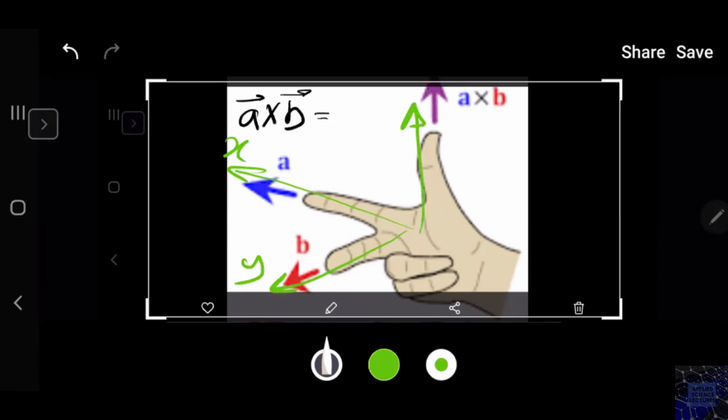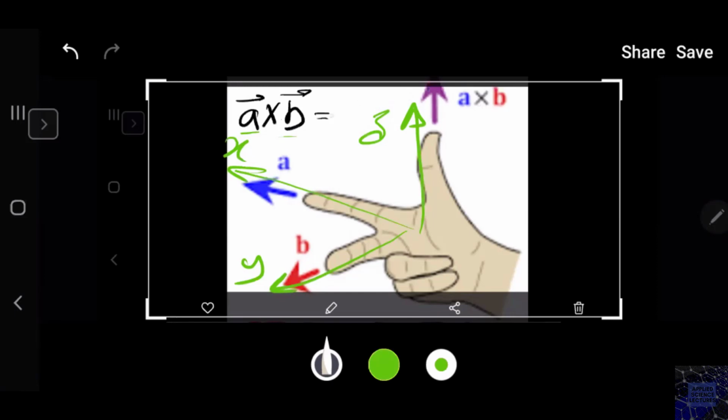In this case, this one would be z. So if my vector A is pointing along x, and my vector B is pointing along the y-axis, the resulting vector will be pointing along the z-axis.